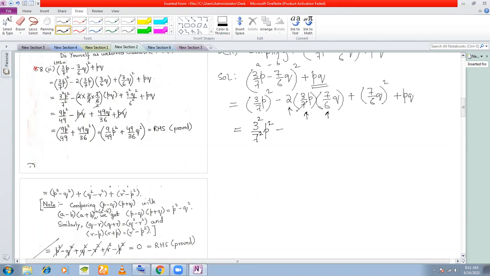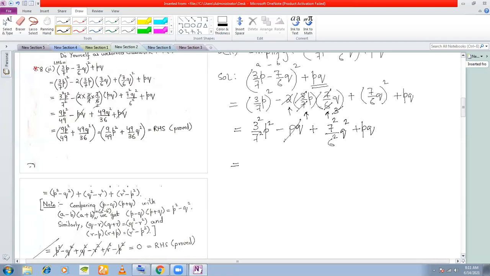So some things will cancel: 7 and 7 will cancel, 2 will cancel with 6, and then 3 will cancel with 3. So you only get a pq left here. Plus here we have (7/6 q) whole square, which is nothing but 7 square by 6 square q square. And you have a plus pq, we write as it is.